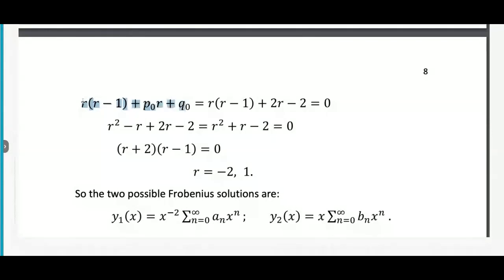Then we plug into R times R minus 1 plus p naught R plus q naught. So we get R times R minus 1 plus 2R minus 2, which equals 0. We solve for R, right? This quadratic equation can be factored. Then we get two solutions, negative 2 and 1.